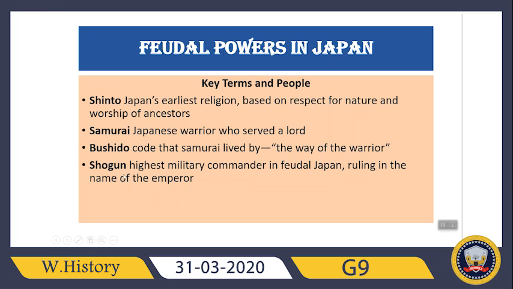Then at the end we have Shogun. Shogun is a title for the military commander. The highest military commander in feudal Japan, ruling in the name of the emperor, will be given the title Shogun when you read the lesson.